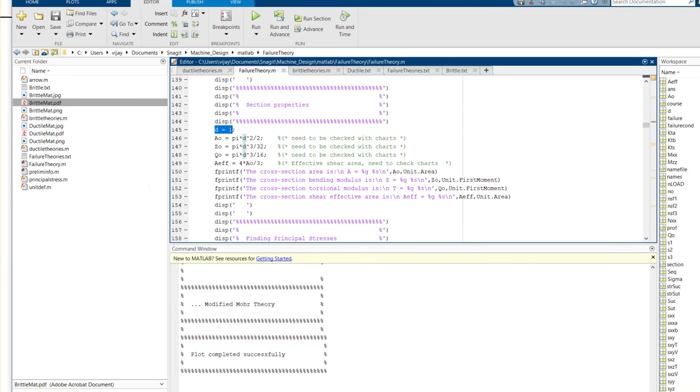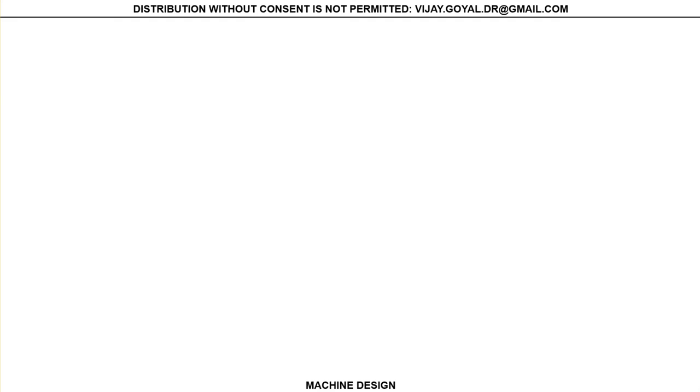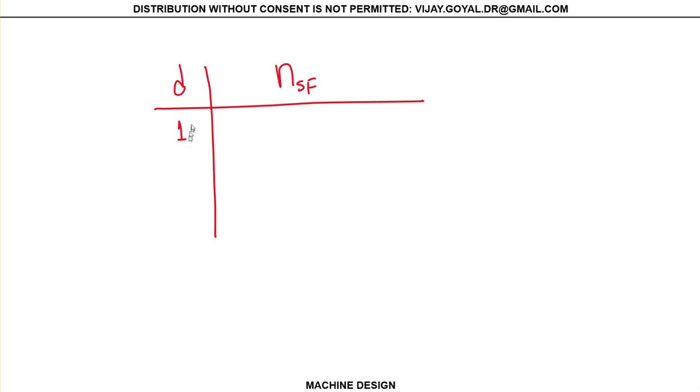Okay? So basically the whole idea is the following. Prepare a table and ask, what happens with D? What is my factor of safety? What happens if I start with D equal to 1? Then maybe your factor of safety is 0.9. Oh, then I have to go up. Then maybe you put 1.5, and now the factor of safety became 1.7.